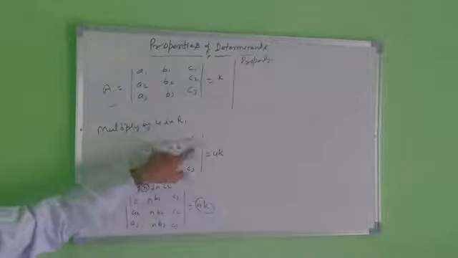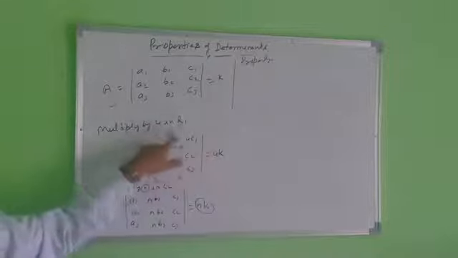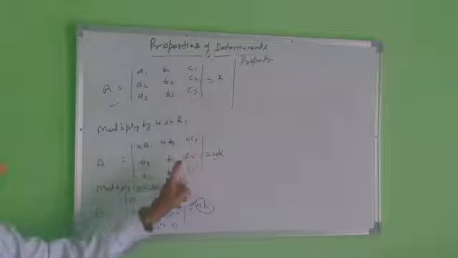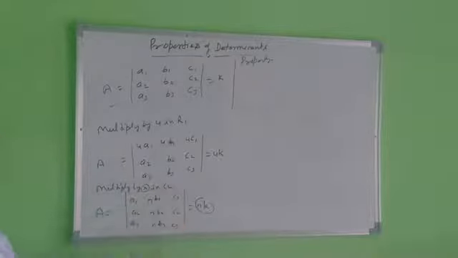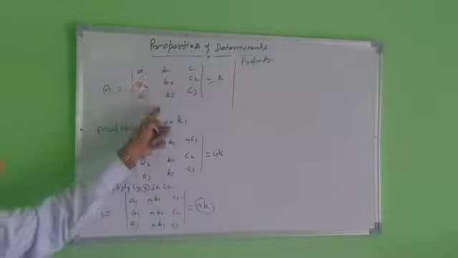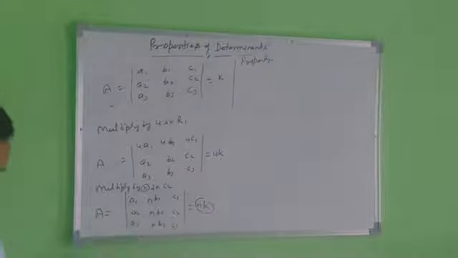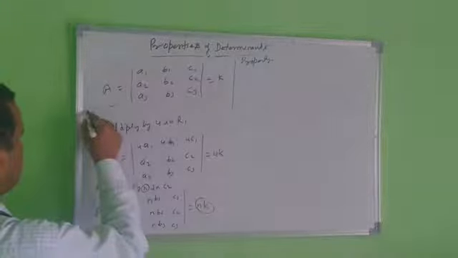Multiply by 4, the result is 4k. Multiply by 5, you get 5k. Multiply by 6, you get 6k. When you multiply by n, you get nk. If the original determinant value is k, it increases n times. This is property number 4.